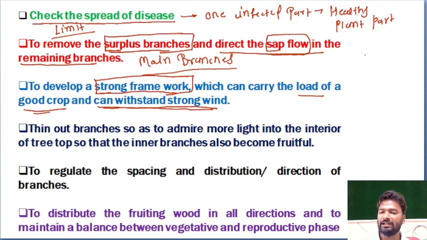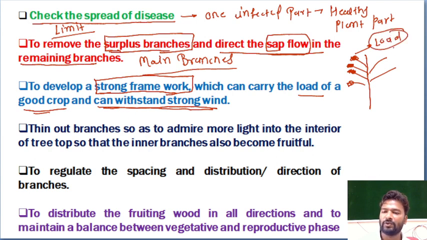You know that if a tree has a large number of branches, then during the fruiting process there will be an increase in the load on the plant.